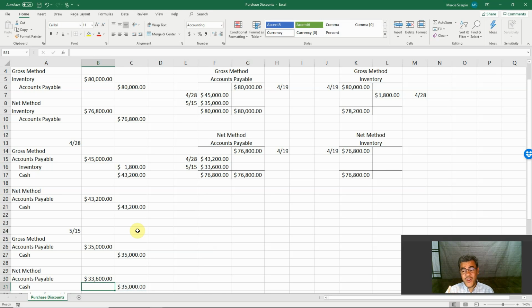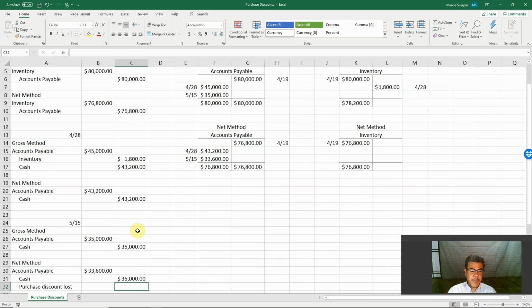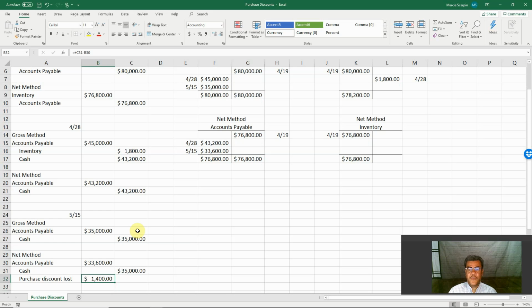So for net value, we always work with the gross value less discount. And then purchase discount lost, we work with the difference here. That is a debit of 1,400.